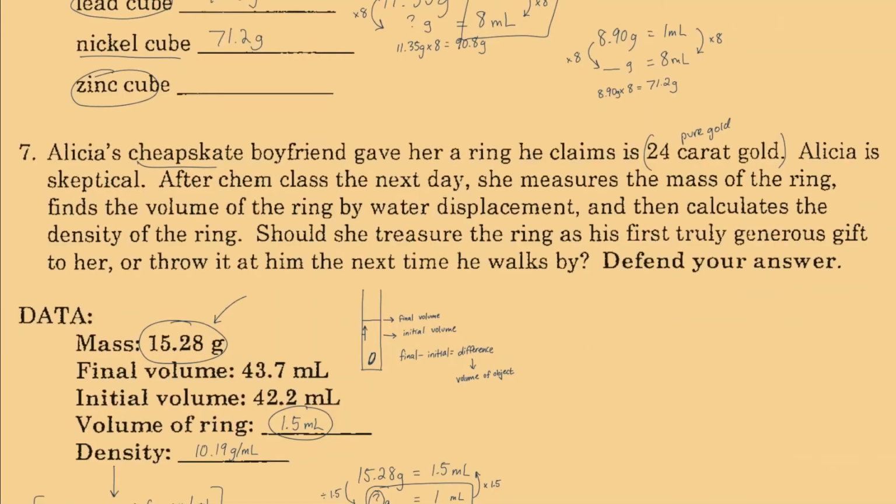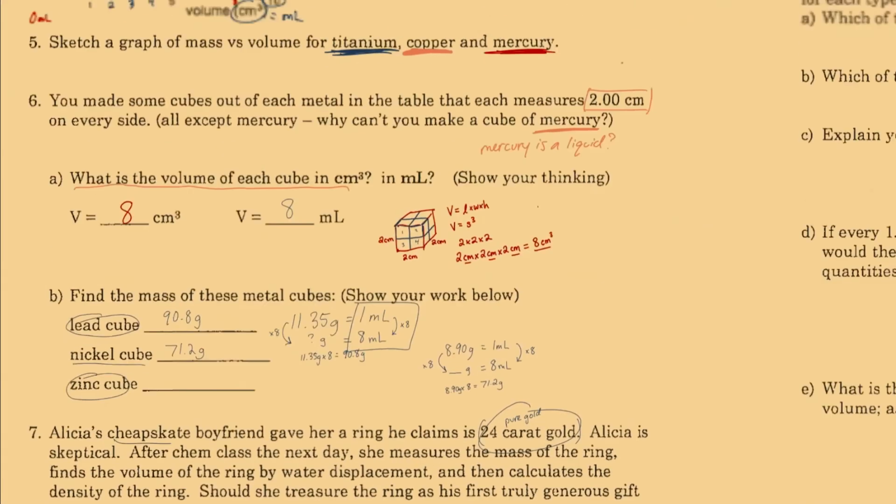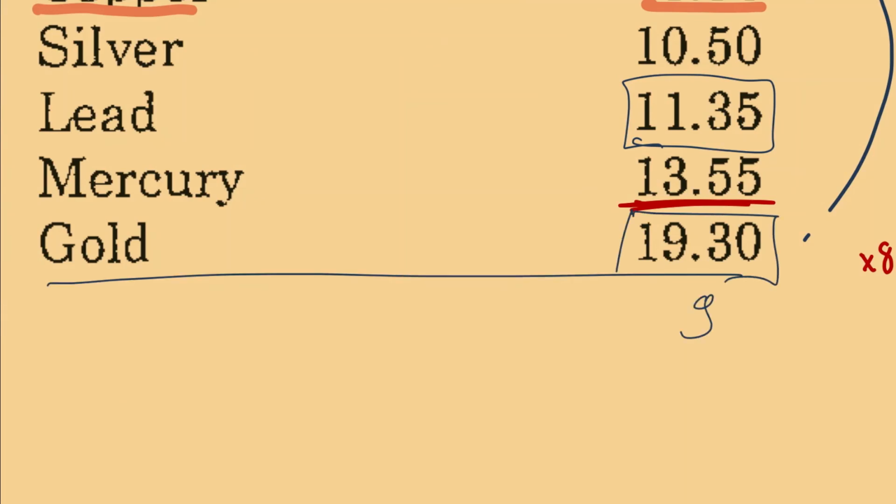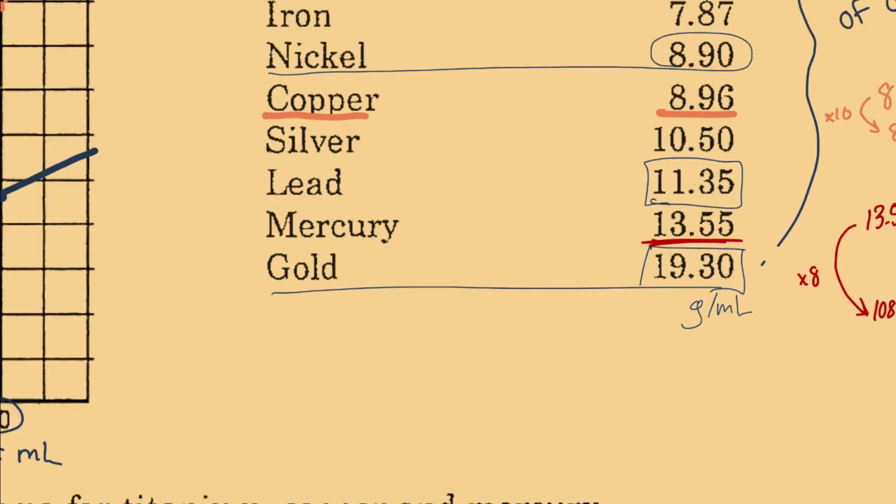Well, how should we know whether or not she should treasure the ring or throw it at him? What do we know about pure gold? Do we know what its density is? I think we do. 19.30 grams per milliliter.